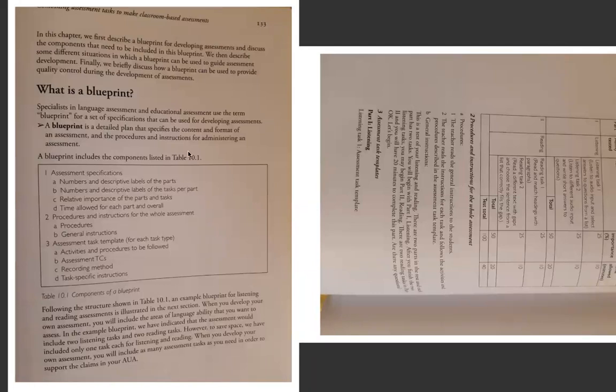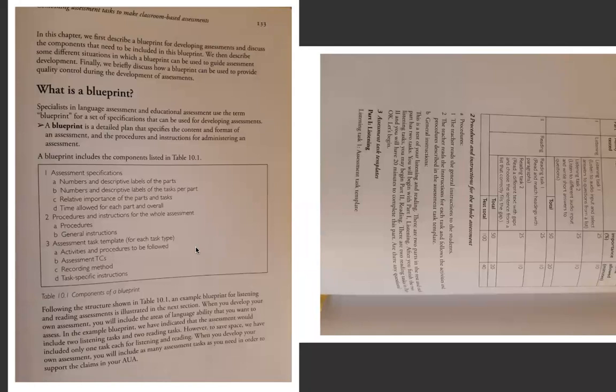Thank you very much. Great. So there you go. It is a detailed plan that specifies the content and format of an assessment. Okay, and if you look at the chart here, table 10.1, it's all these 10 components that you have here.